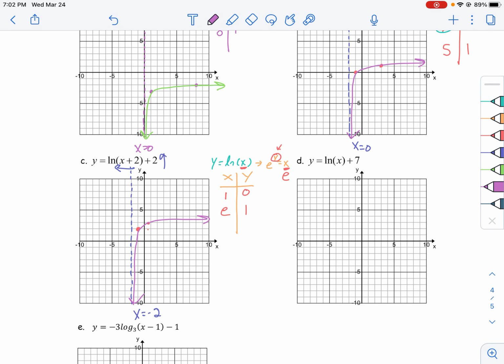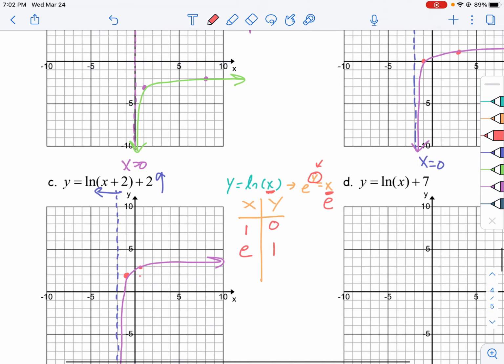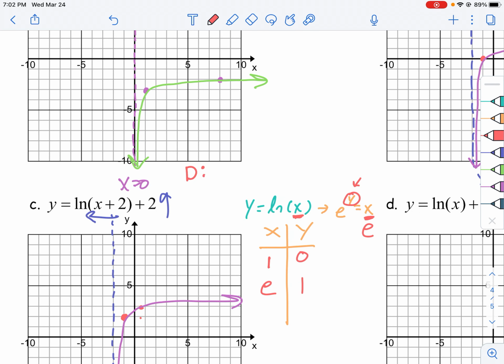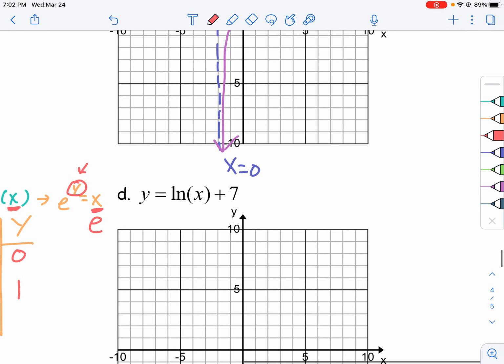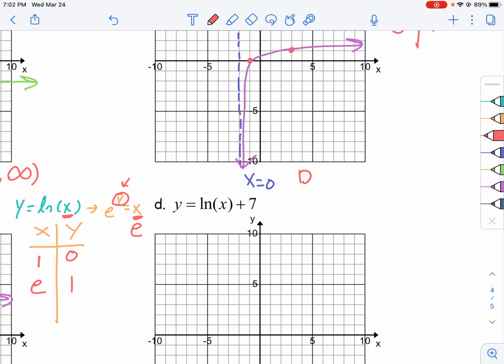I'm realizing now I forgot to do domain and range for these last couple, so let's talk about them. Domain, right, for this first one, it's starting at 0, our asymptote, and then it's going to the right forever, so that's positive infinity. The range is always going to be all real numbers. All right? For this next one, the domain this time is at -2, right?